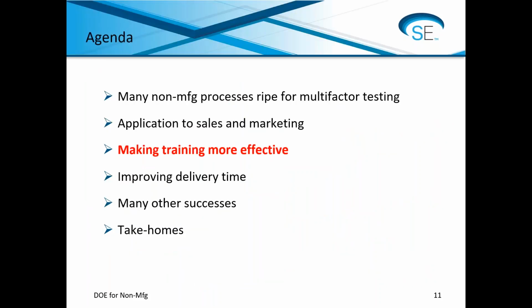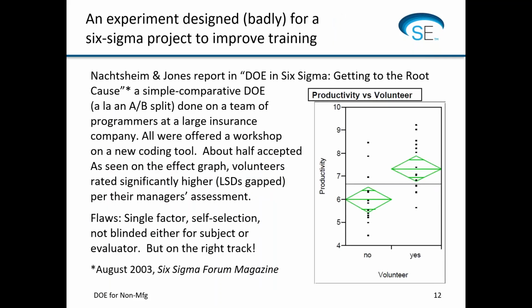So moving on from sales and marketing into some other areas, I've got a couple of examples on making training more effective by using designed experiments. Now, the first example I have is a bad one, but it's no reflection on Chris Knoxheim or Brad Jones, who were just trying to prime the pump a little bit with this article on DOE and Six Sigma, getting to the root cause in the Six Sigma Forum magazine, because they didn't have a whole lot to work with here.